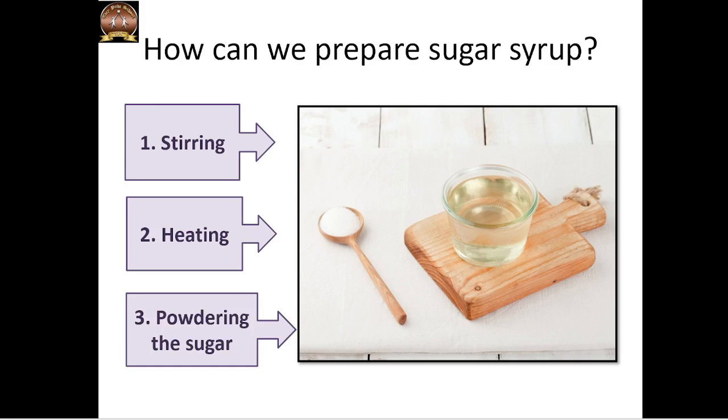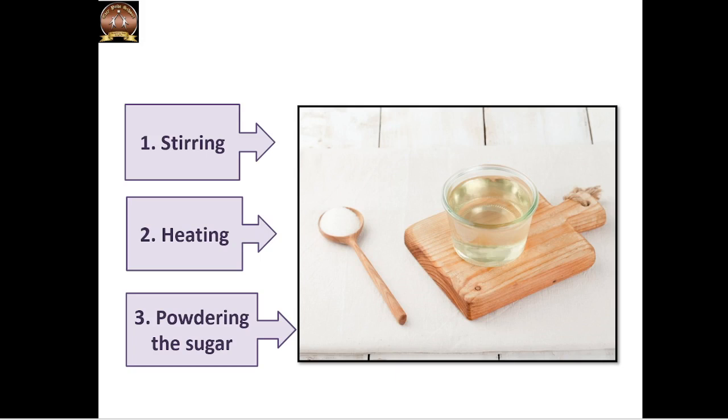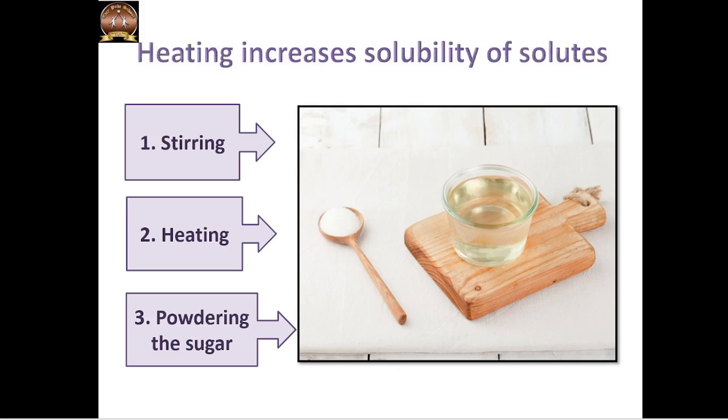So when you are not able to heat the water, what you can do is take the sugar and pulverize it or powder it into really small particles, which allows it to dissolve more easily in the solvent. So this is another easy way to prepare a sugar syrup. So remember that heating always increases the solubility of solutes, and when we define a saturated solution, it is always the maximum amount of solute that a solvent can take at a given temperature.